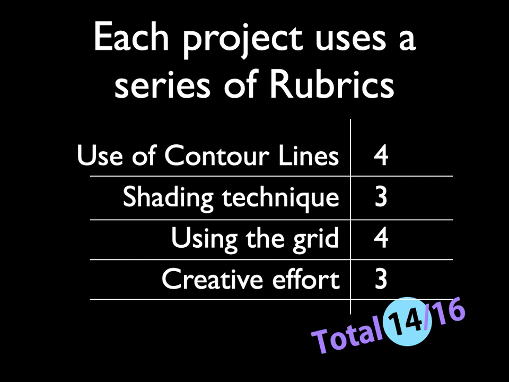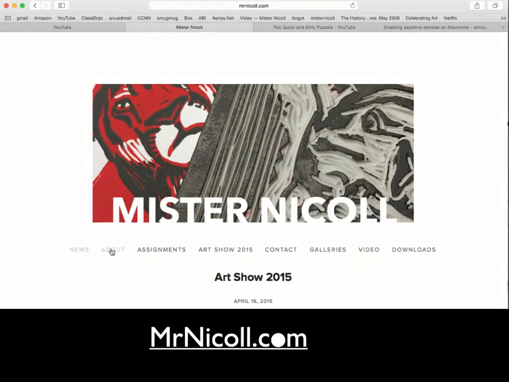So a final grade will be based off of a combined use of 4-point rubrics for each category. In this case, the students got a 4, 3, a 4, and a 3, totaling 14 out of 16 points, which is a B+.